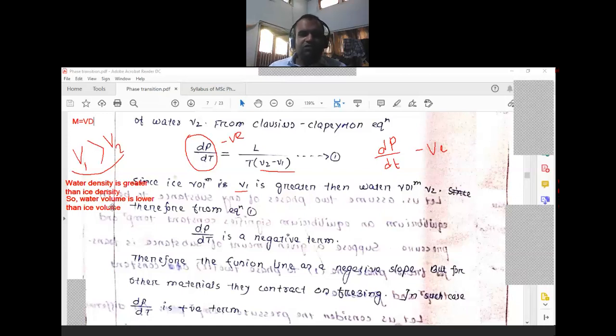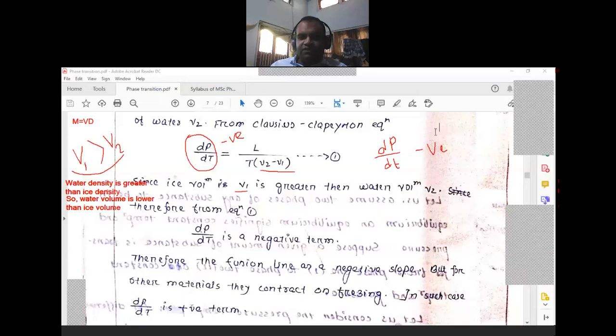So because of this strange property, ice has lower density than water. Therefore, for the same mass, ice will have higher volume than water, or water has lower volume than ice. I hope this is clear to you.